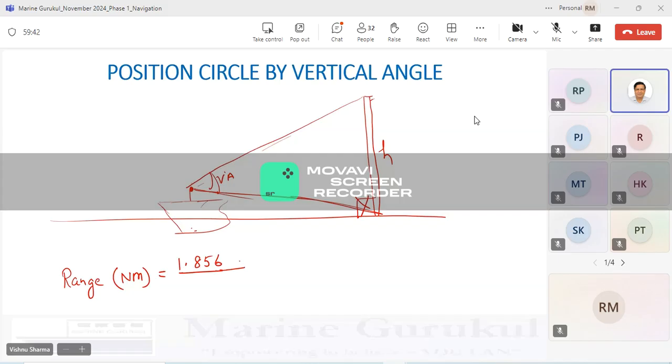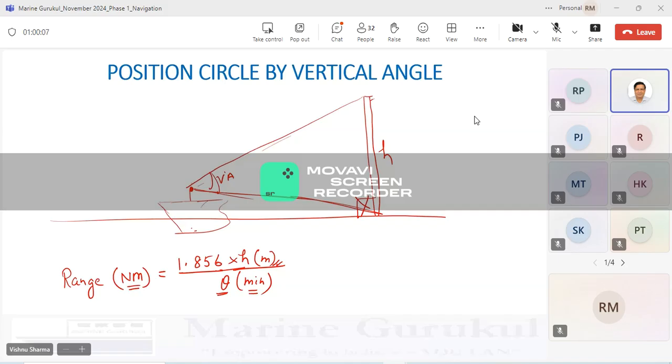1.856 into the height of the object, in which units? Meters. Divided by the vertical angle theta, in which units? In minutes. So please take note of the units. Range will be in nautical miles if you use the height in meters and the vertical angle in minutes.